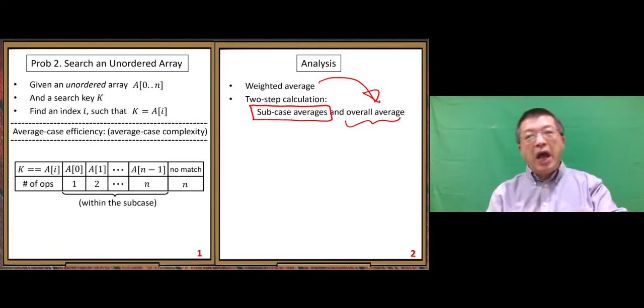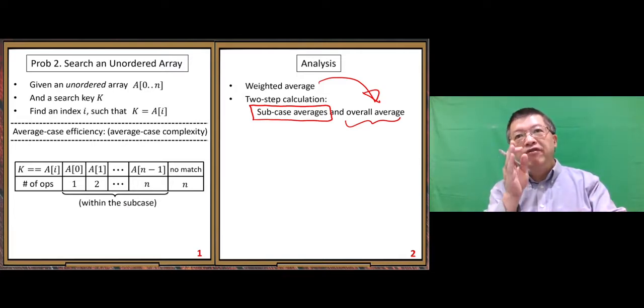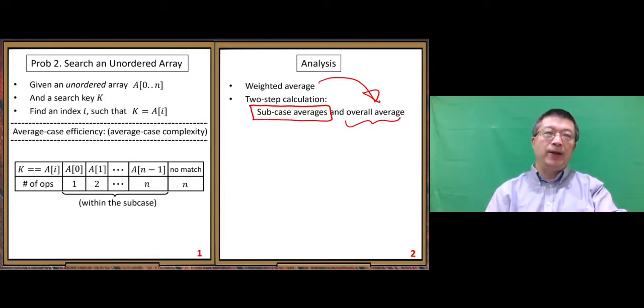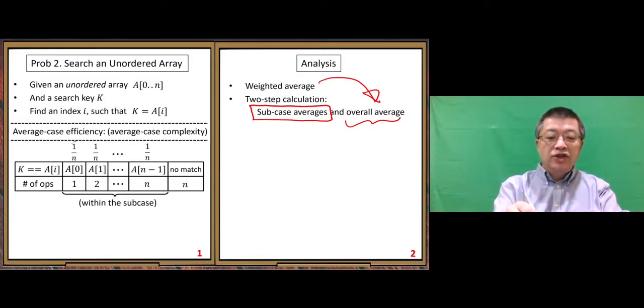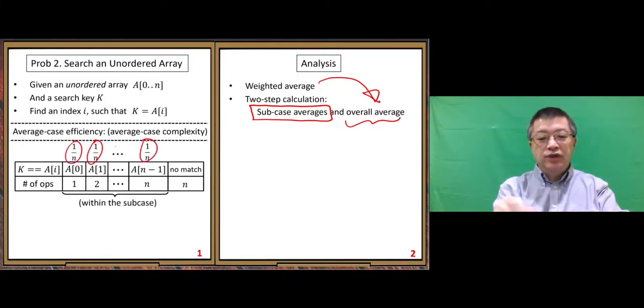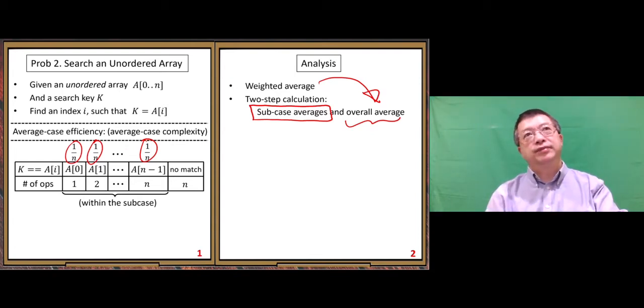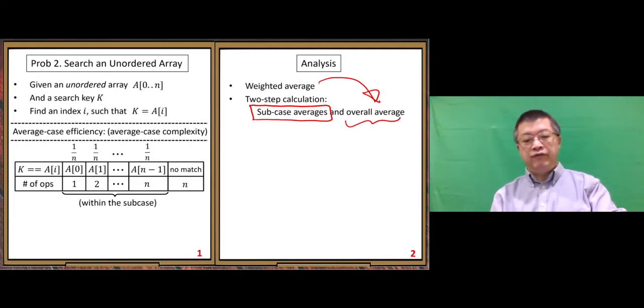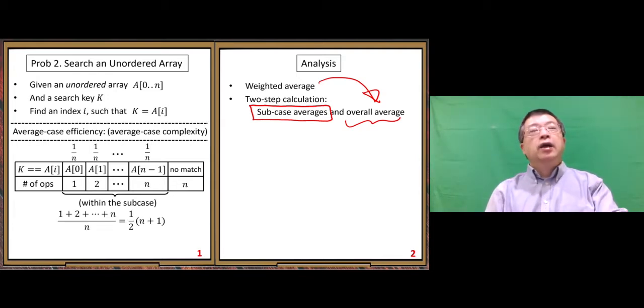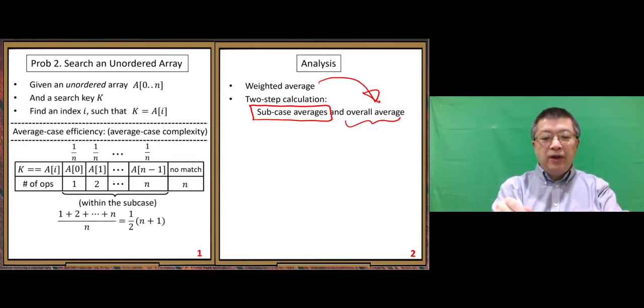So let's do the average within the first subcase. Now we use our assumption. First assumption: same probability. Each case has 1/n probability. That's our reasonable assumption we made in the previous video. Then the average: you add up all the numbers divided by n.